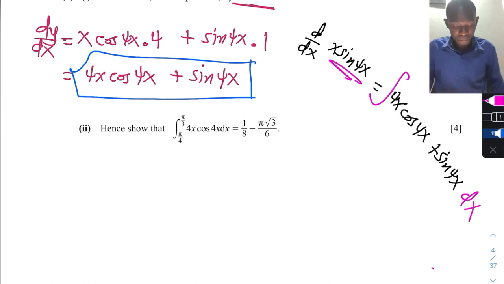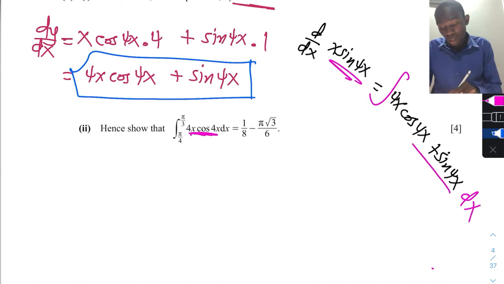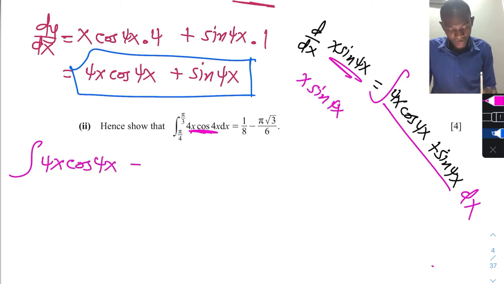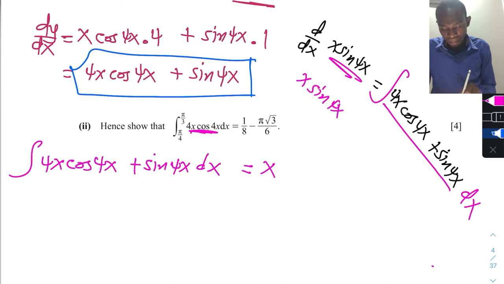All right, good. So using that thinking, what is the question actually wanting us to do? The question wants us to integrate this part. So let me split this whole thing. If I integrate 4x cos 4x plus sine 4x dx, it should give me x sine 4x.